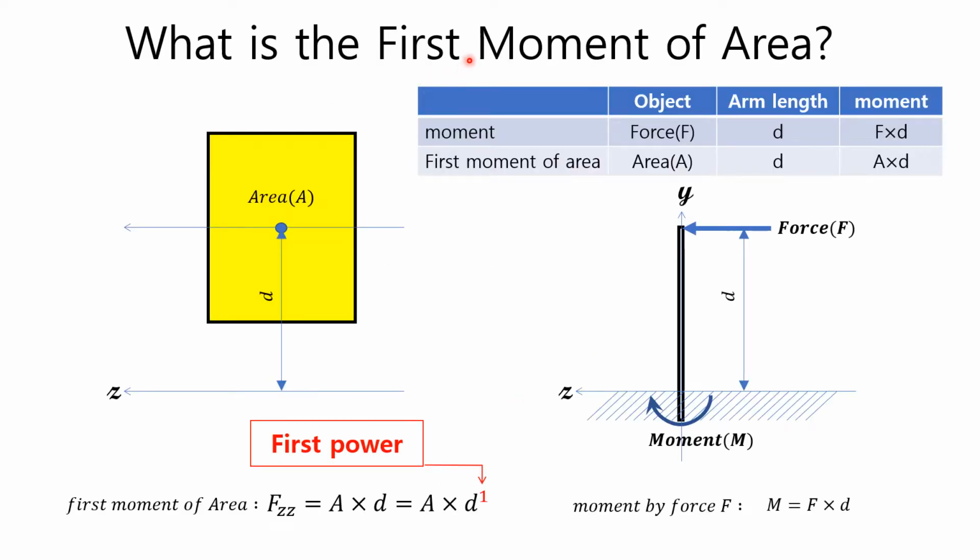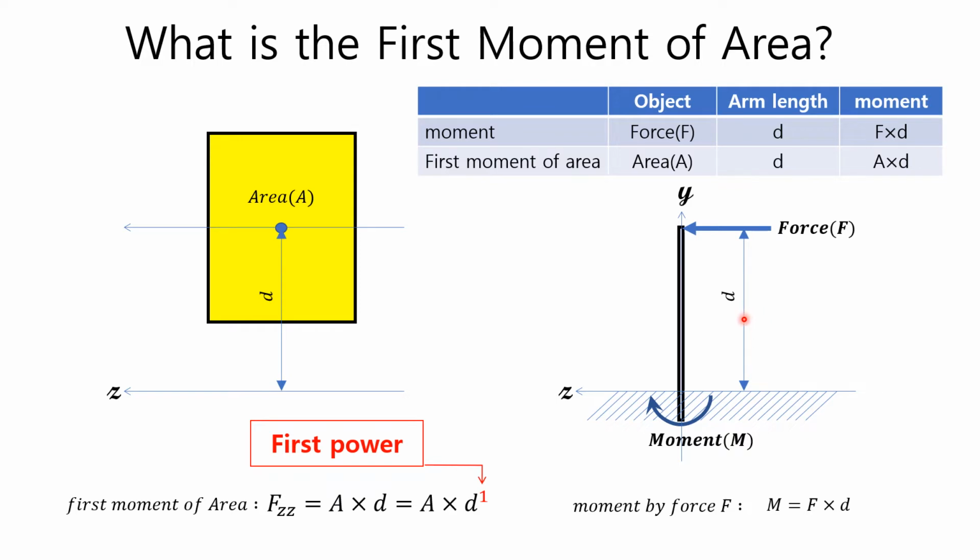Why is it called the first moment of area? Let's think about the area A and the force F. The centroid of the area and the force F are the same distance d away from the z-axis. The moment created by force F with respect to the x-axis is the product of force F and the distance d.